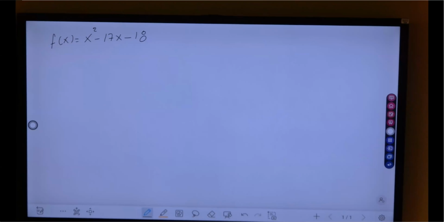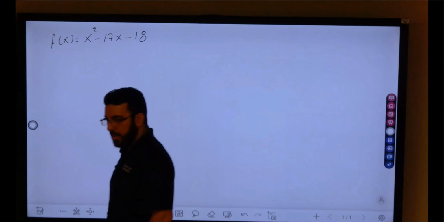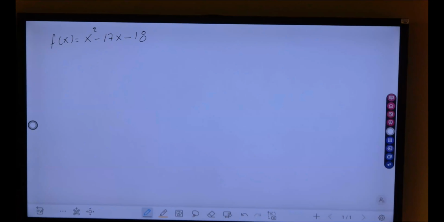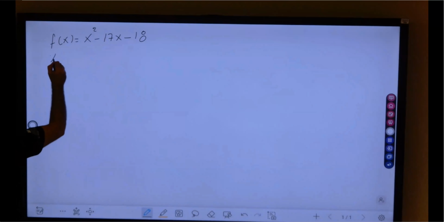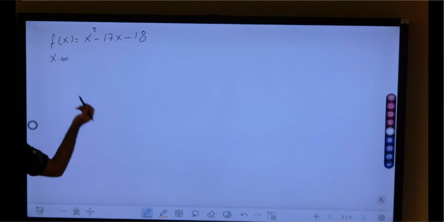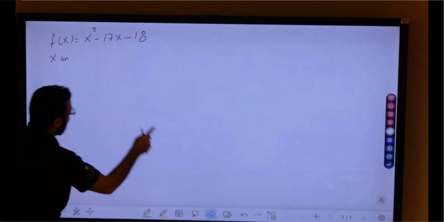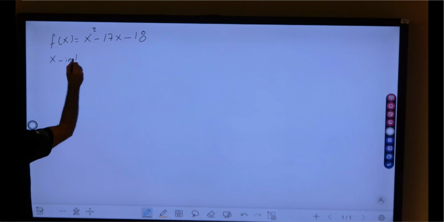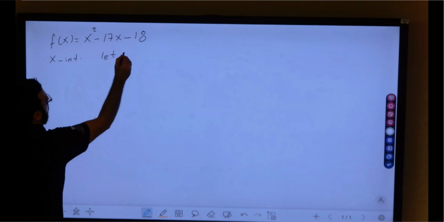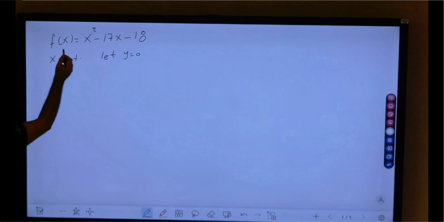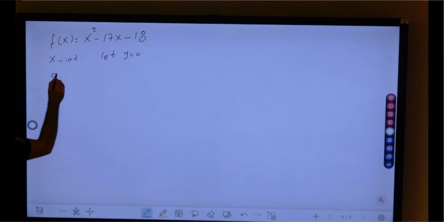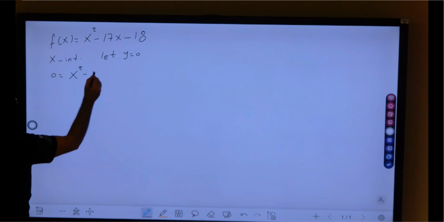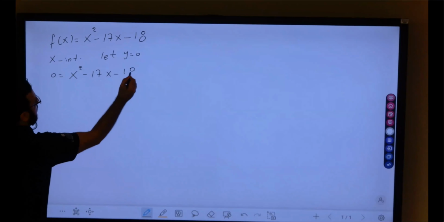How are we going to find the x-intercept? Every time you need to find an x-intercept, don't forget these notes: you let y equal 0. Where y is f(x). So 0 is equal to x squared minus 17x minus 18.